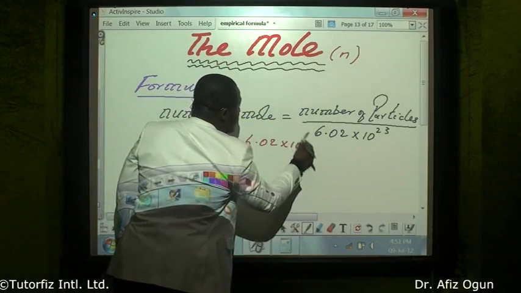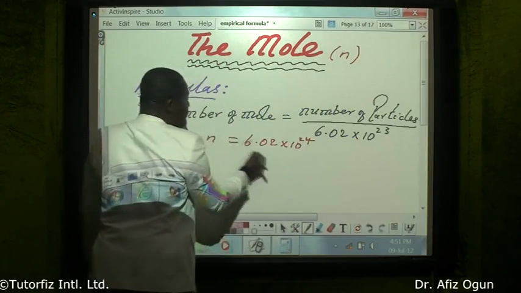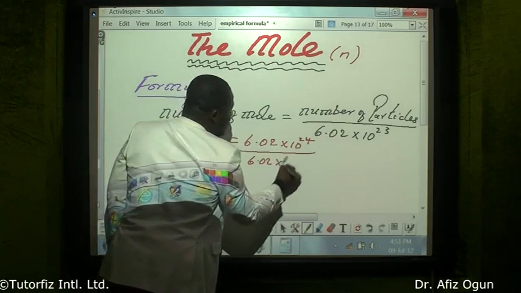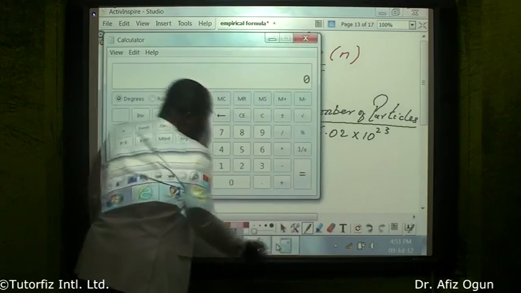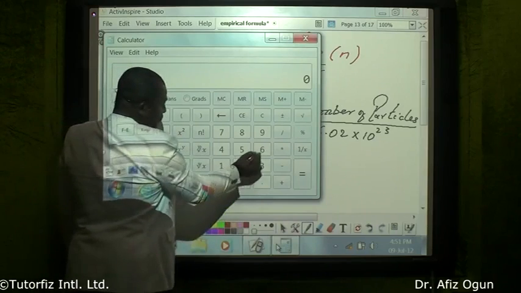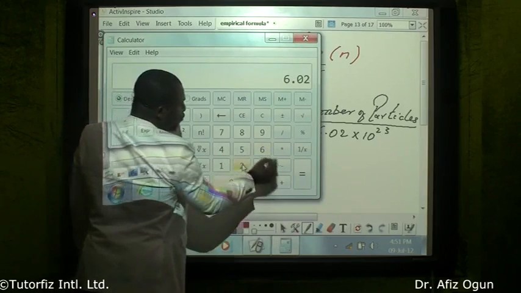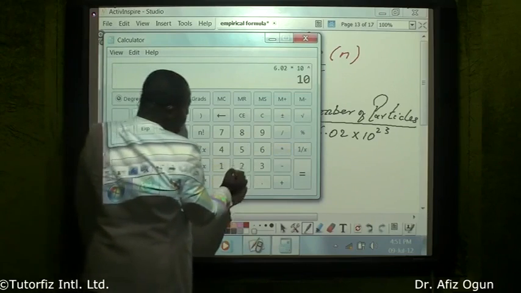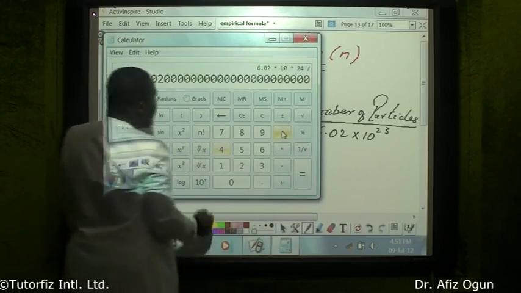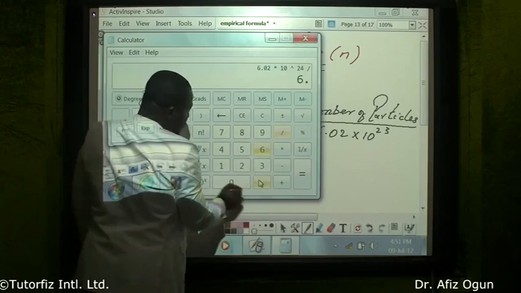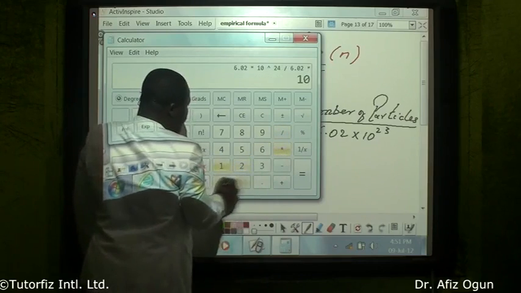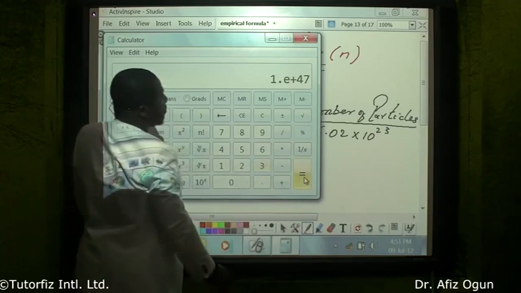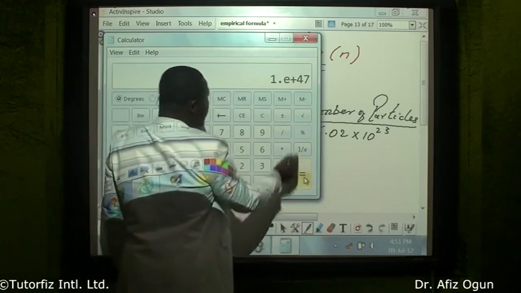I'm looking for the number of moles. So it has to be divided by what? According to our formula, 6.02 times 10 to the power 23. So 6.02 times 10 raised to the power 24 divided by 6.02 times 10 raised to the power 23 equals, oh, there's a mistake somewhere.